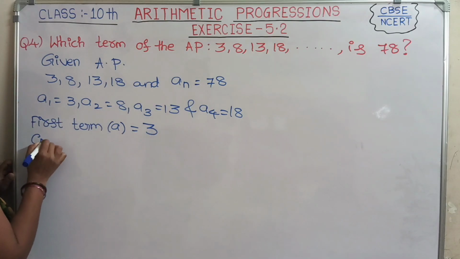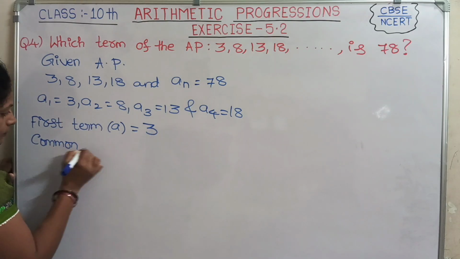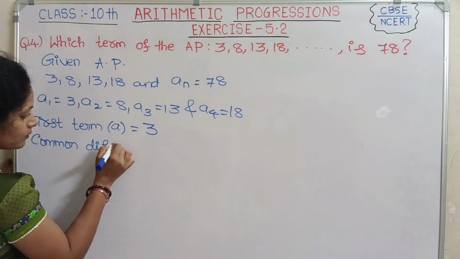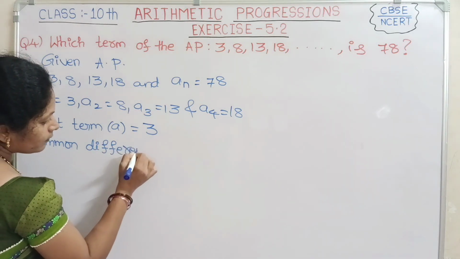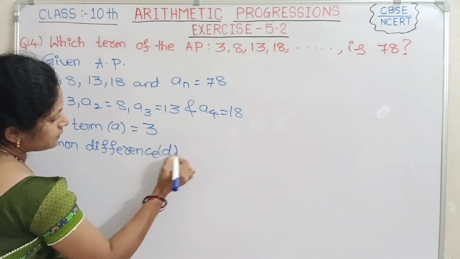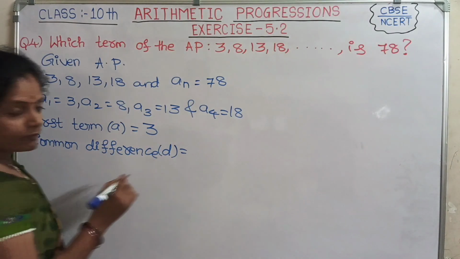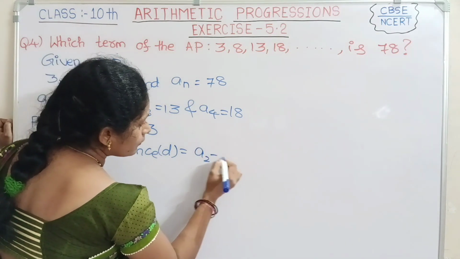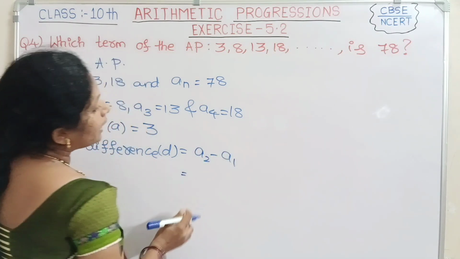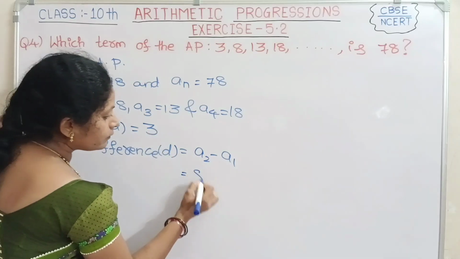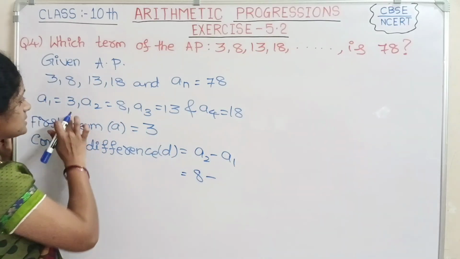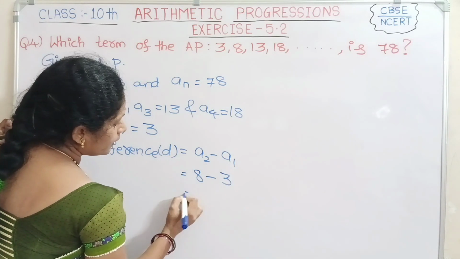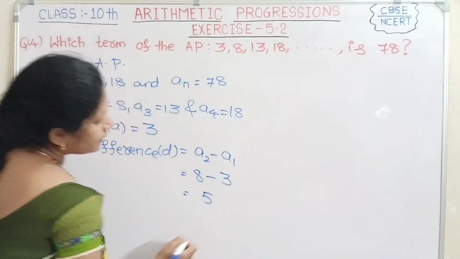Next, we can calculate the common difference. d is equal to a2 minus a1. a2 is 8 minus a1 is 3. 8 minus 3 is 5.